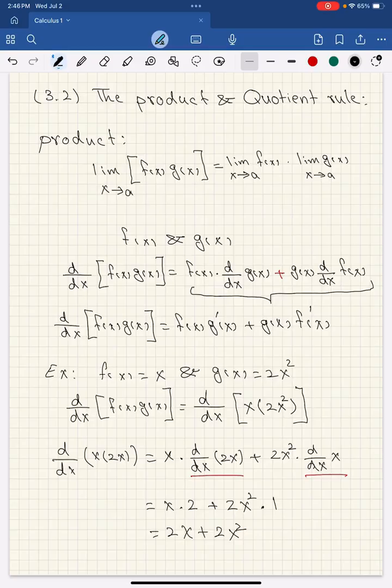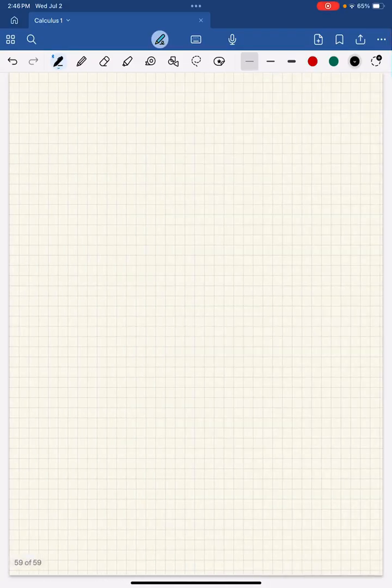Good. Let's do another example. F of x equals, here you go, a bigger function, 2x squared minus 1 times x cubed plus 3.